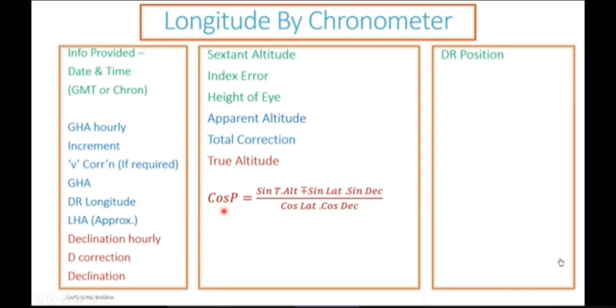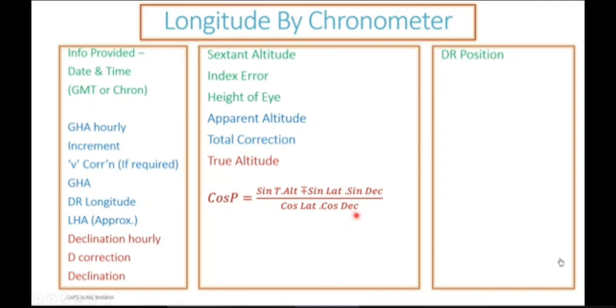So cos of P is equal to sine of true altitude minus or plus sine of latitude multiplied by sine of declination, whole divided by cos of latitude multiplied by cos of declination.